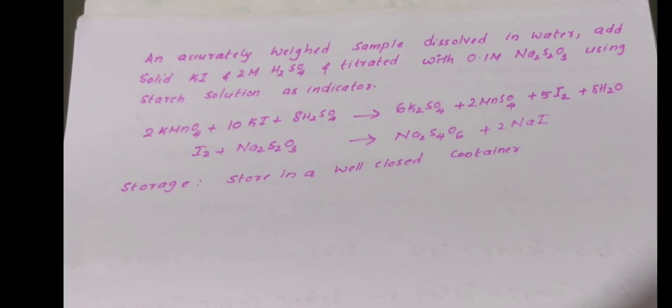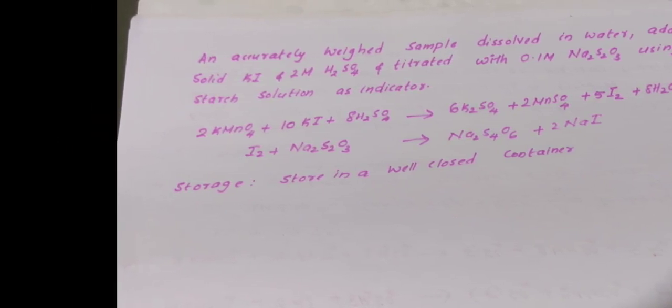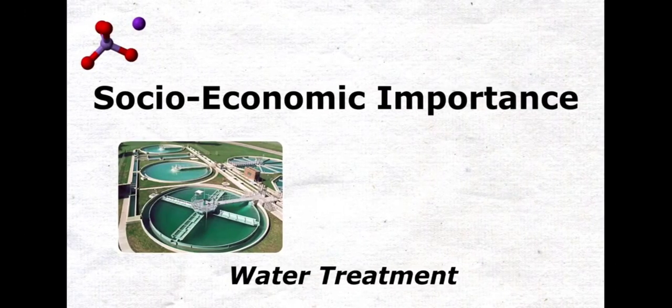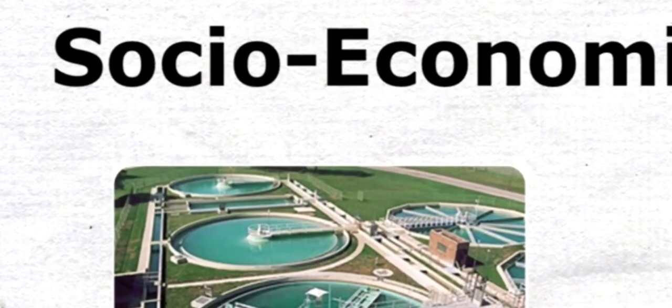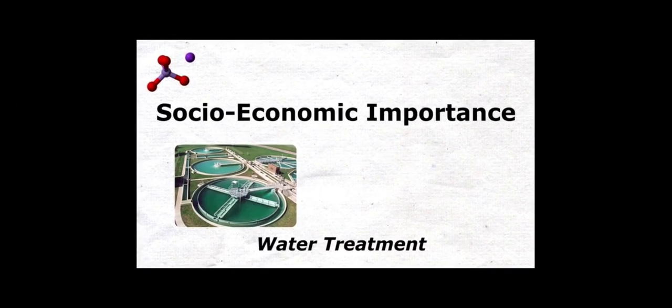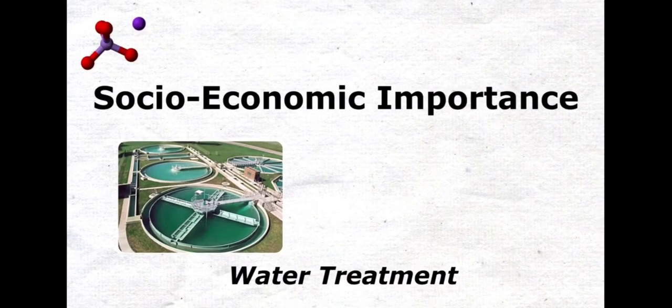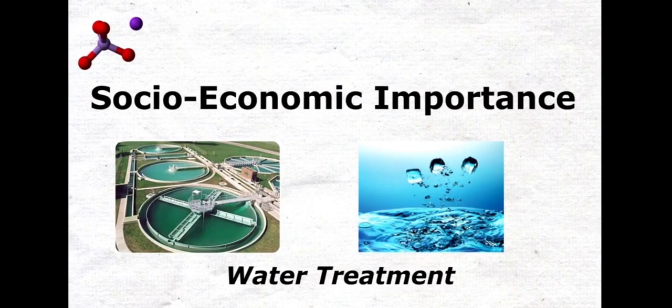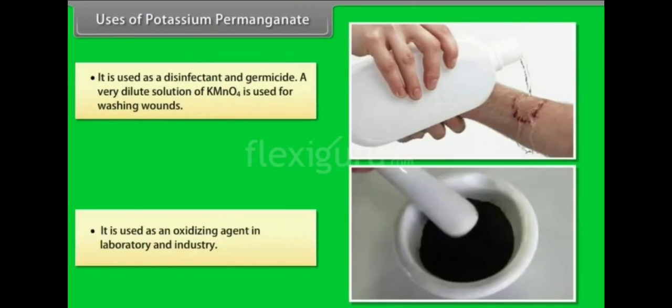The next is the storage. It should be stored in a well closed container. Next we are going to discuss the uses of potassium permanganate. It has socio-economic importance. Mainly it is used in water treatment, purification of water. Then it is used as a disinfectant and germicide.